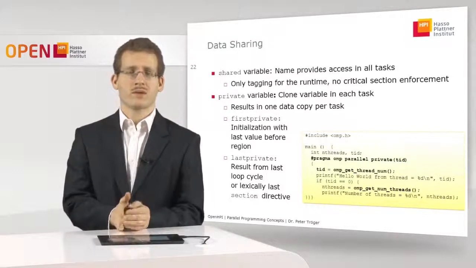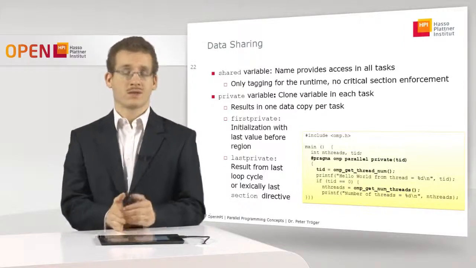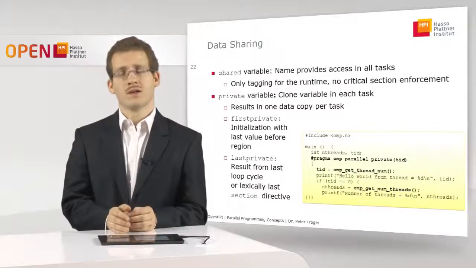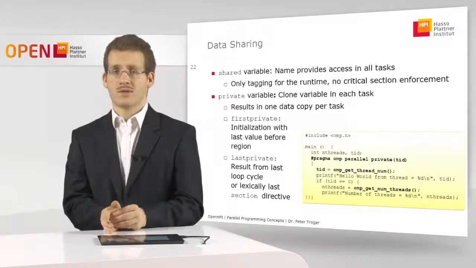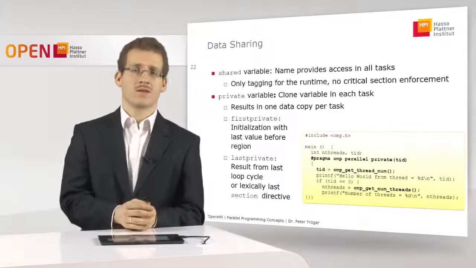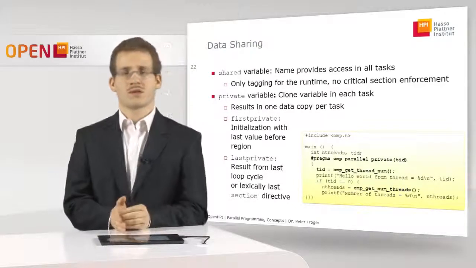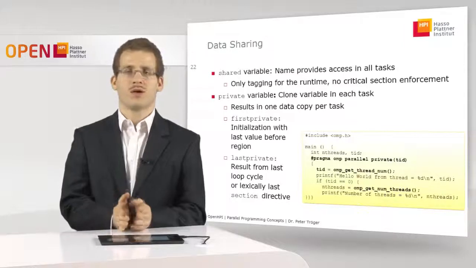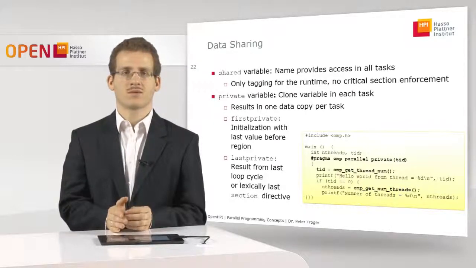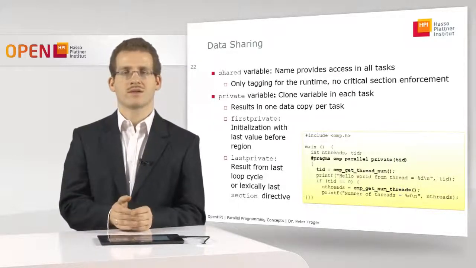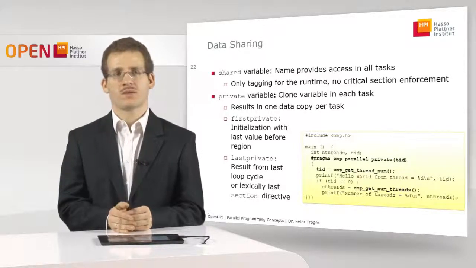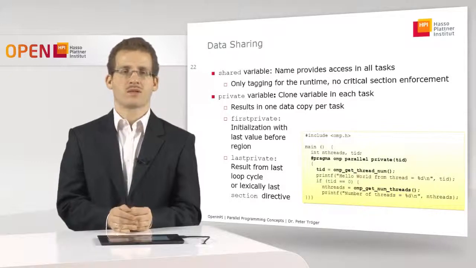So declaring variables as private gives you a different semantic, because each of the tasks, for example, a loop body, will have its own copy of this variable. Secondly, it also hopefully gives you some kind of optimization with respect to caching. And there are different ways of initializing the value. For example, with firstprivate, you can declare that the copied variable should have the value from the last value before the parallel region.